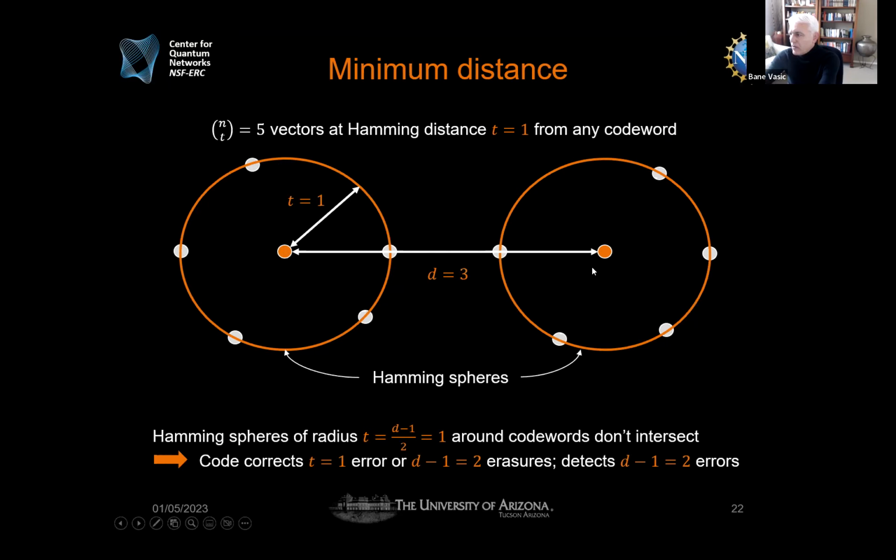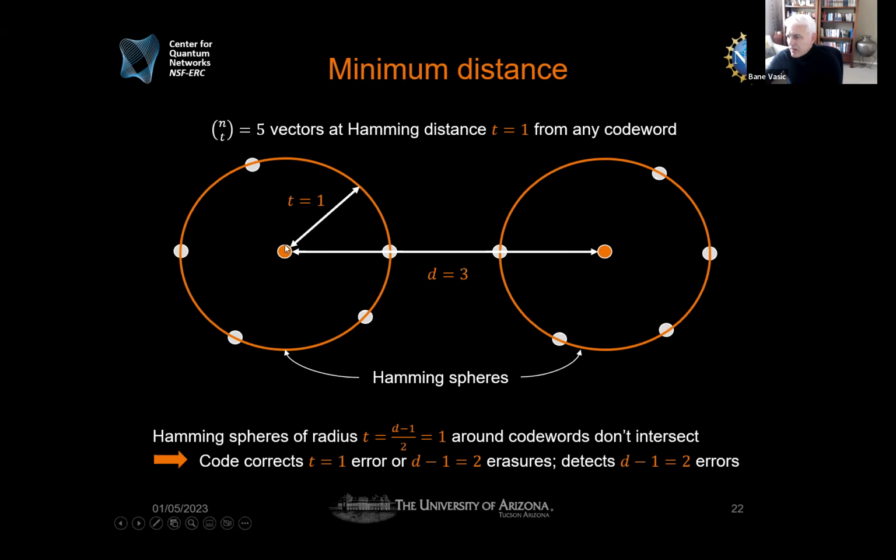If I put another sphere of distance 1 around this other code word, you see that if I transmit this code word and receive any of these words, they will be closer to this code word than to this one, and they can be correctly decoded.